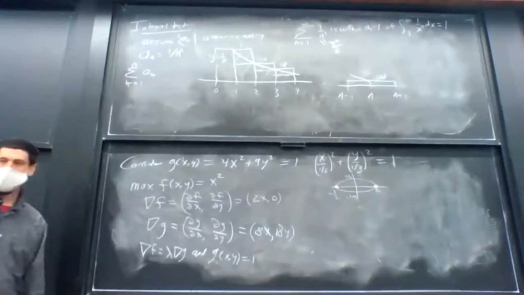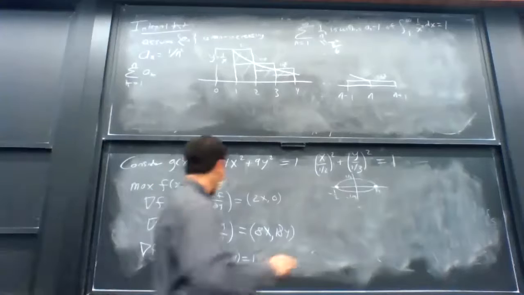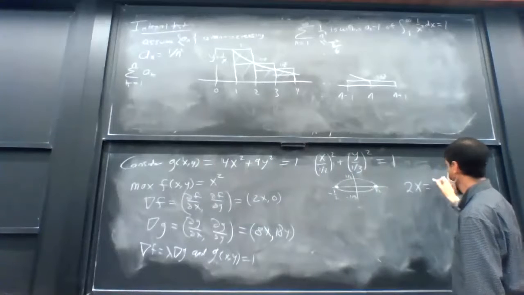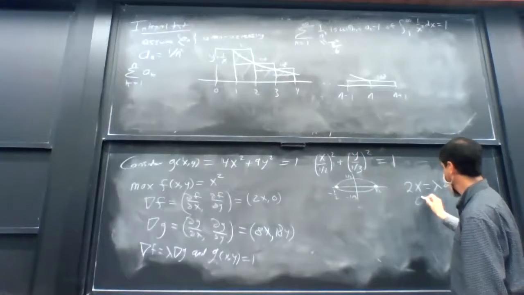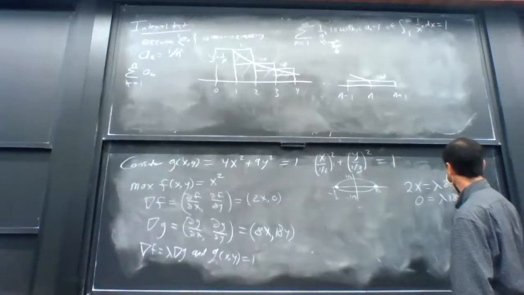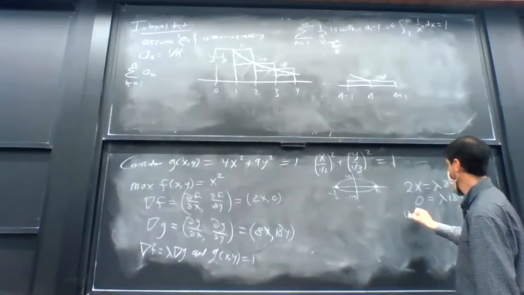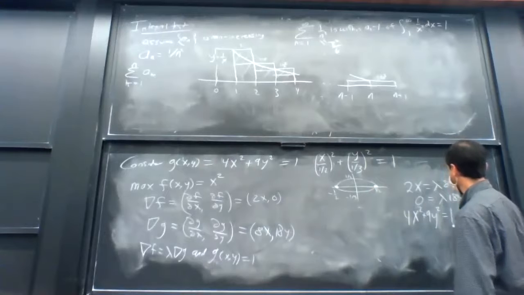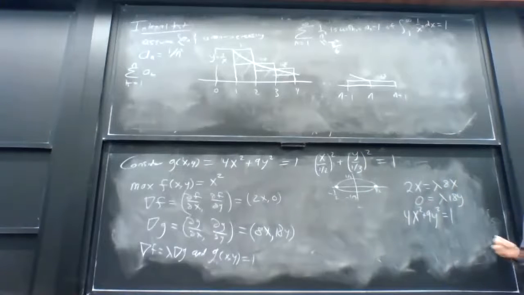All right, so what does that mean? It means 2x equals lambda 8x, 0 equals lambda 18y, and 4x squared plus 9y squared equals 1. So when you look at these three equations, one of the equations should jump out to you in terms of giving useful information.